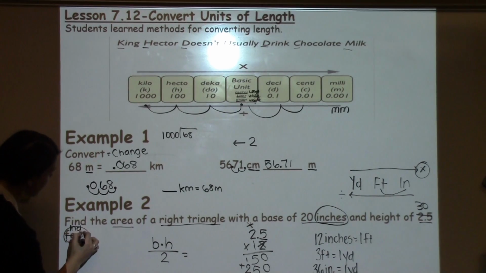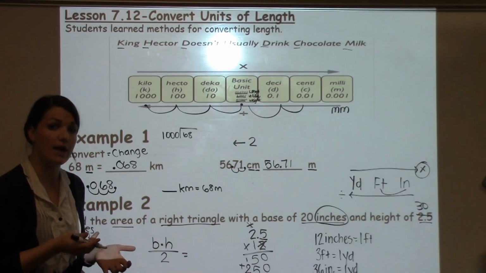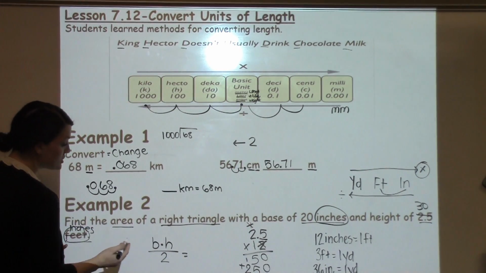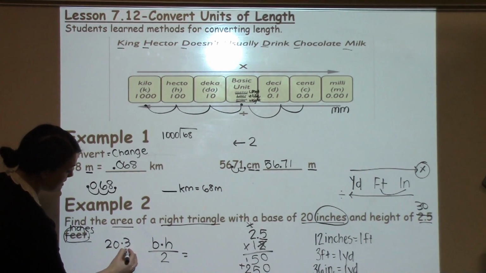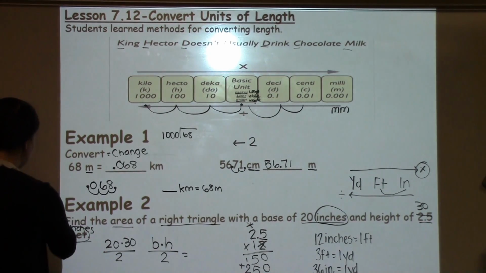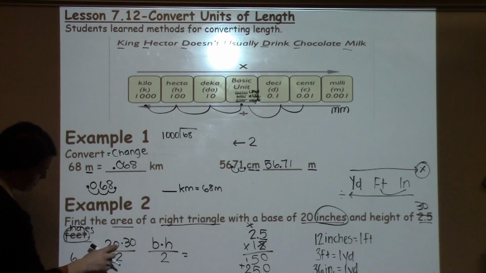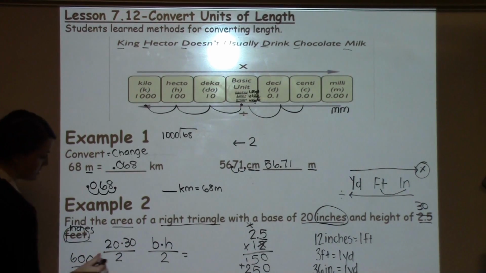And now that I have made them the same unit, I'm free to go ahead and solve the problem where I use them both in the problem. So I now can go ahead and do base times height, which is now 20 times 30 divided by 2. Well, I know that 20 times 30, 2 times 3 is 6, plus 2 zeros would be 600 divided by 2.